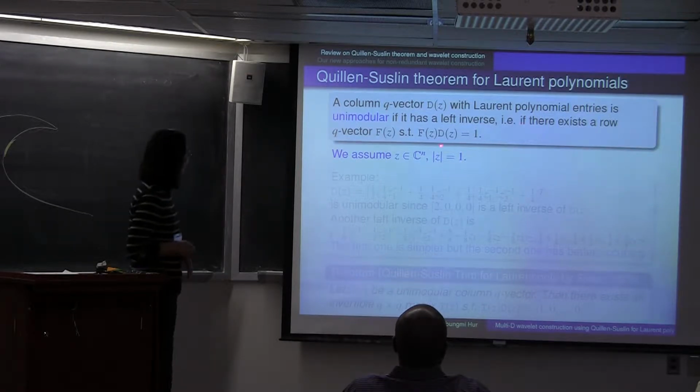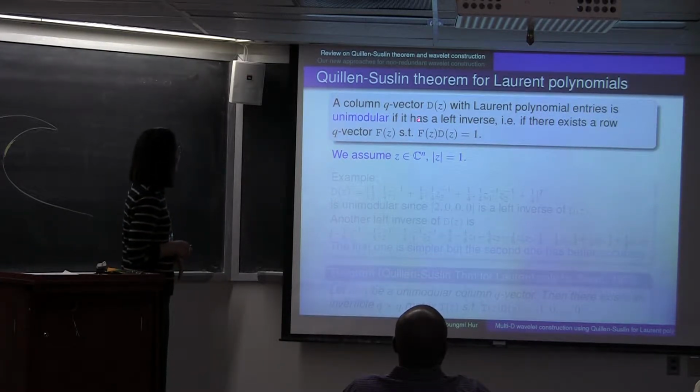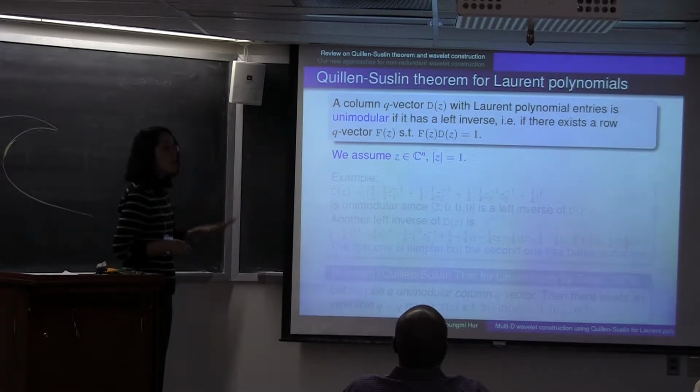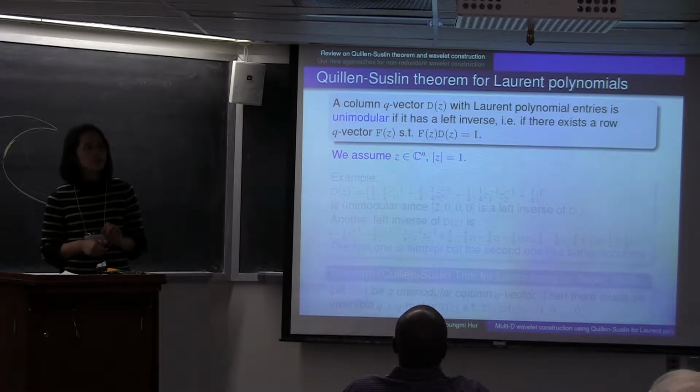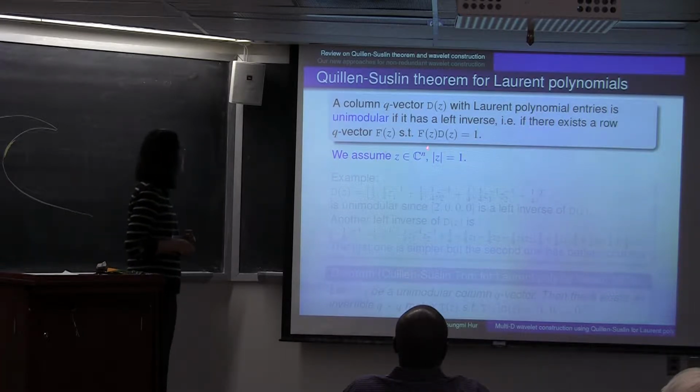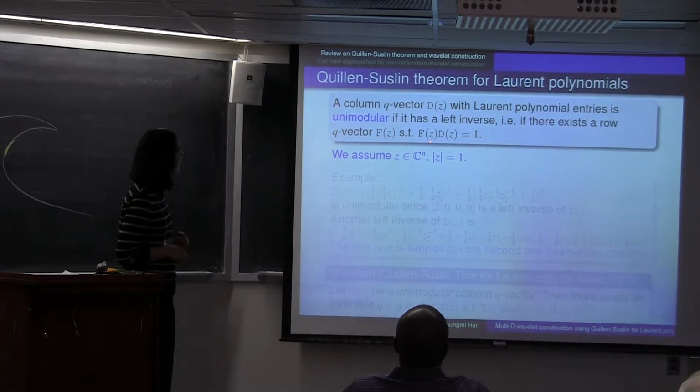And I will assume that the vectors and matrices have Laurent polynomial entries. Left inverse means that there exists a row vector f of z consisting of Laurent polynomial entries such that f of z, e of z equals 1 for all z.